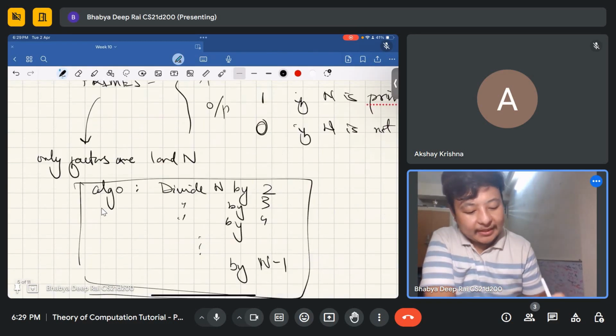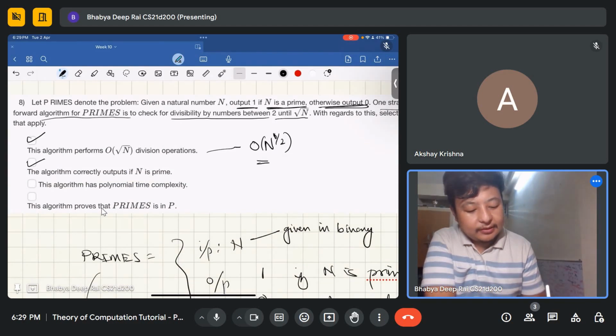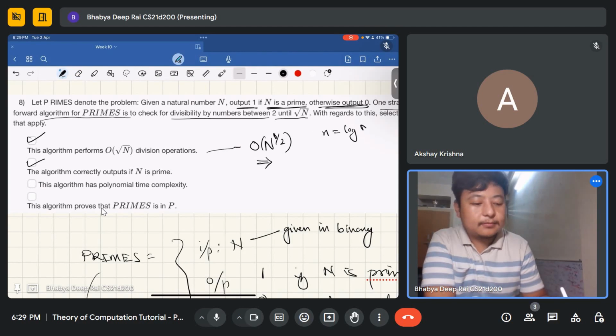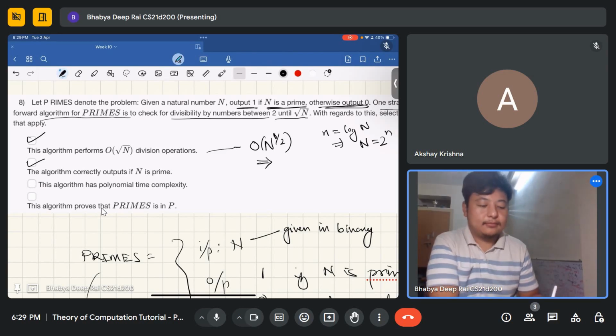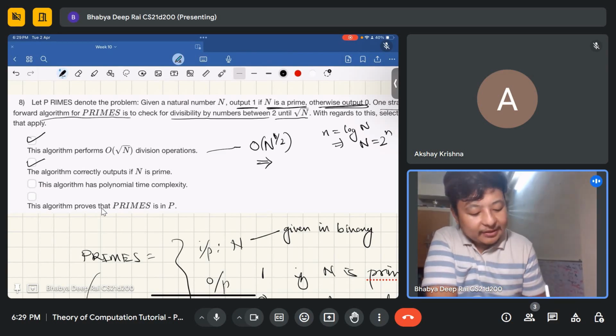Getting it? So by property of log, capital N is nothing but 2 to the n. So what does this mean?